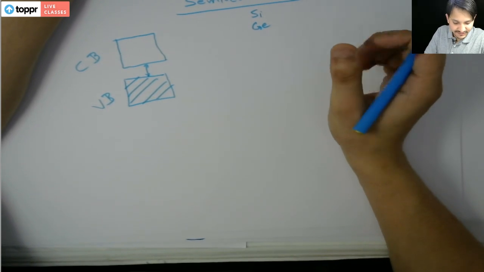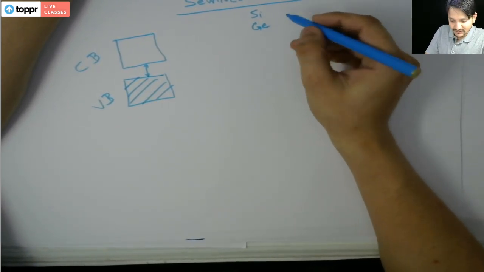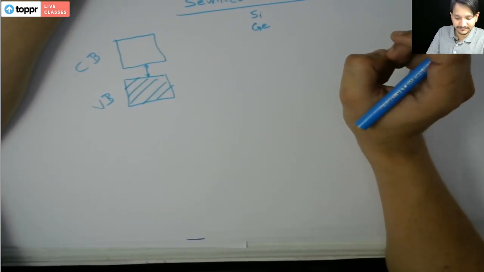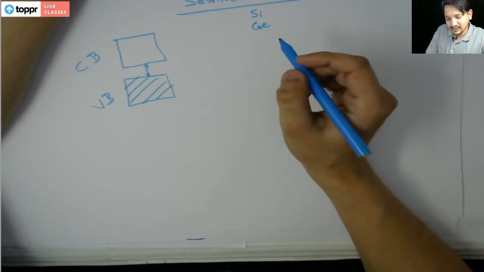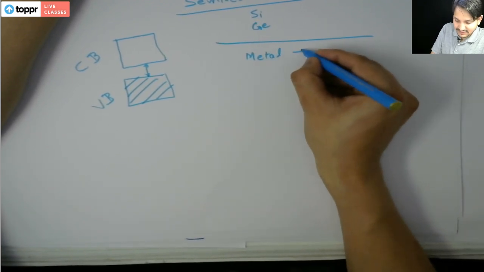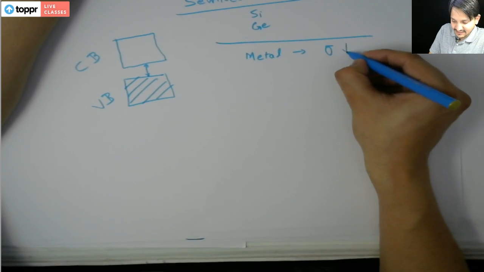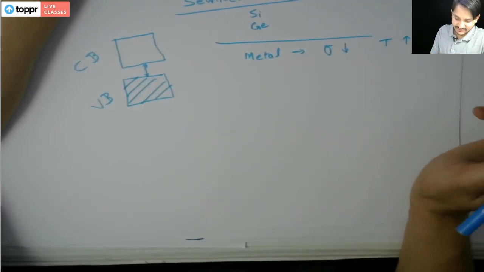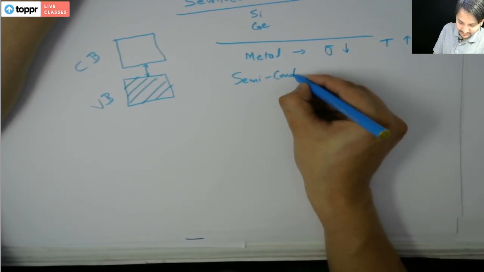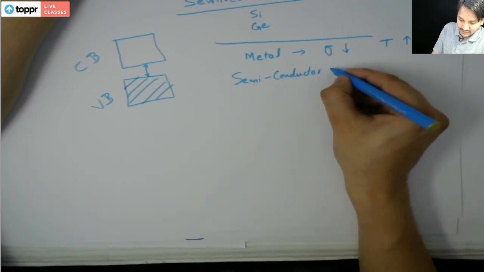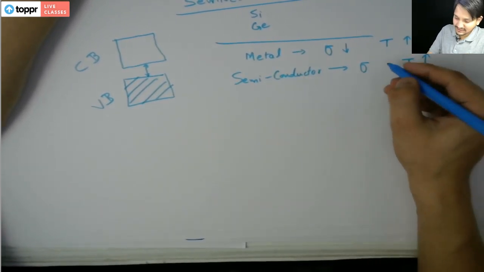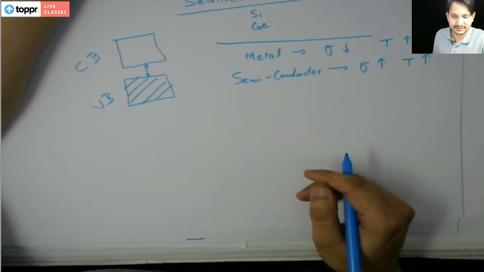If you increase the temperature of a silicon or germanium semiconductor, its conduction will increase. Unlike metals, where we know the conductivity decreases when temperature increases, in a semiconductor, when temperature is increased, conductivity also increases.